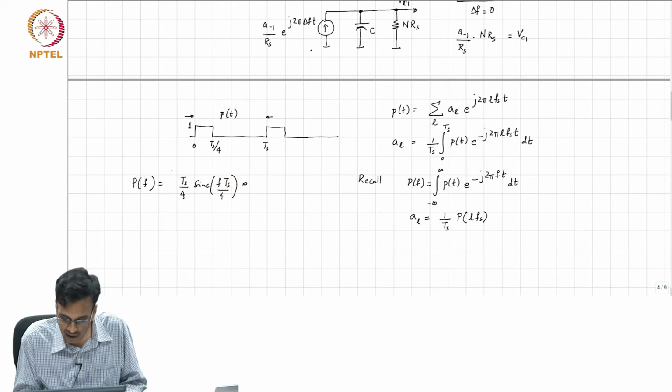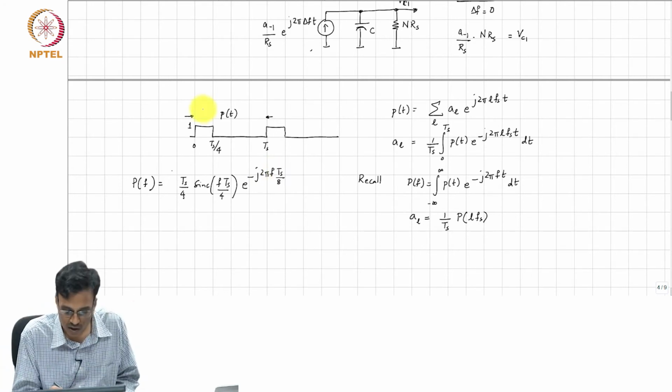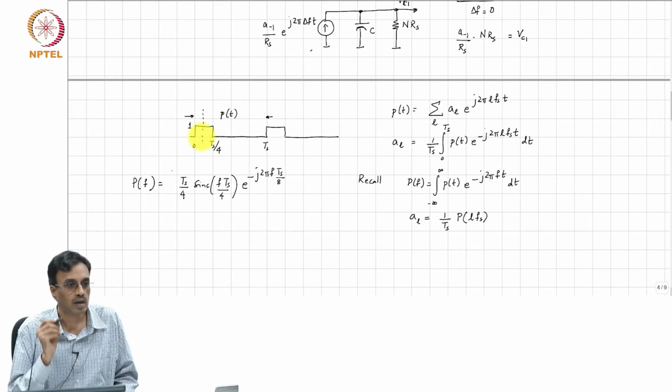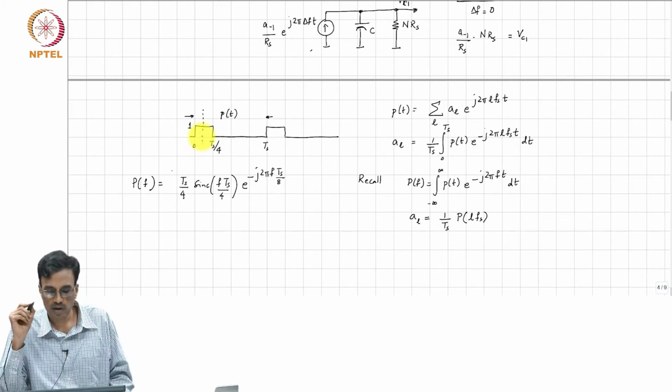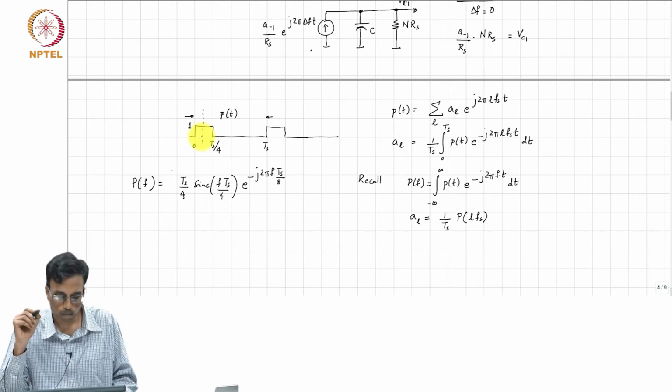So this will be multiplied by e to the minus j 2 pi f Ts by 8, because if the origin was here, it would be just the sinc. Now the pulse is moved to the right by Ts by 8, and this is what you get.